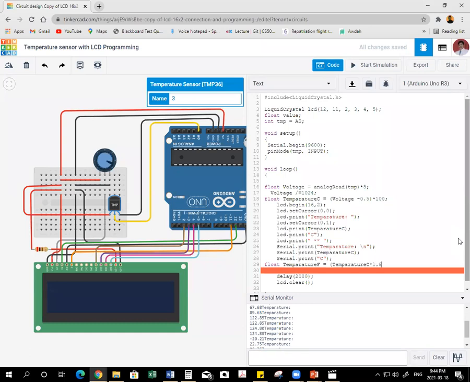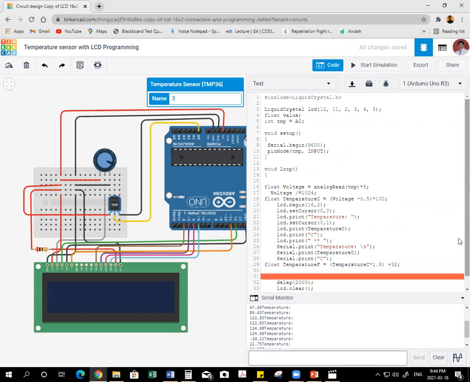This 1.8 is coming from 9 by 5. What is the equation from degree centigrade to degree Fahrenheit? It is nothing but degree centigrade multiplied by 9 by 5 plus 32. So 9 by 5 is nothing but 1.8. Okay, so from there I got it. Now this is the equation for conversion from degree centigrade to degree Fahrenheit.